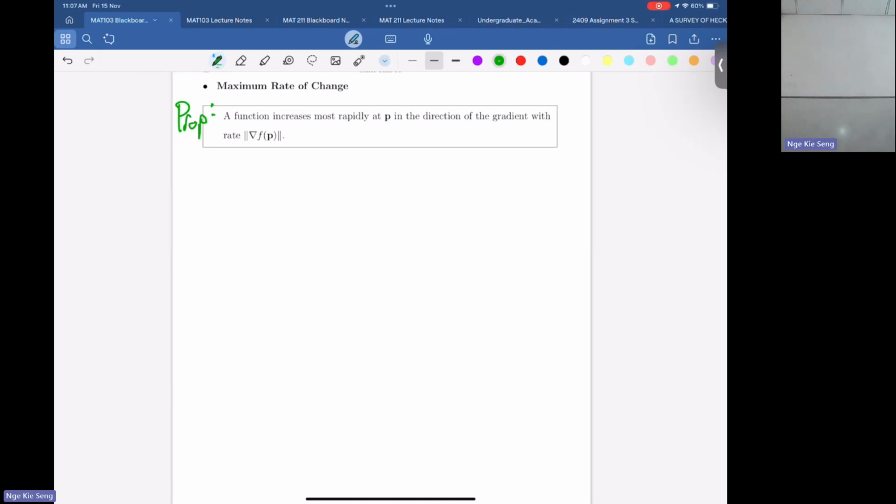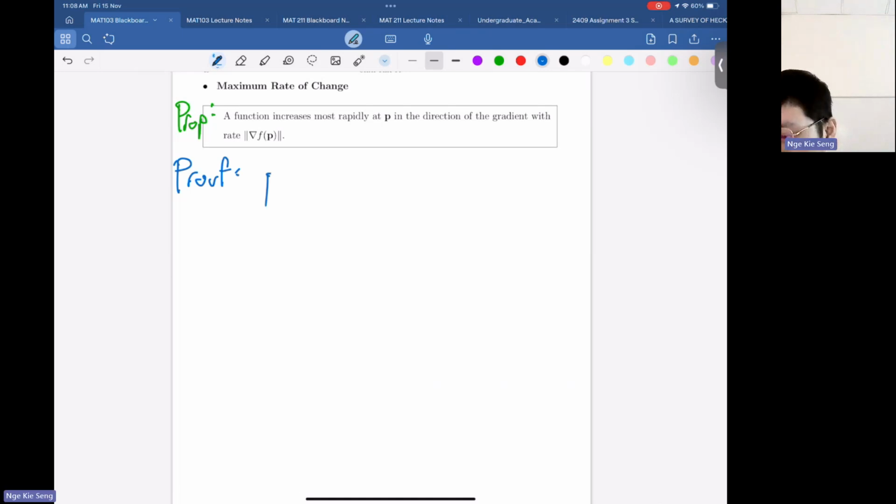And then with rate of. What does this rate mean? For one variable, what is the rate? It is dy/dx. For two variables, it is the directional derivative. Okay, so let's compute the rate.